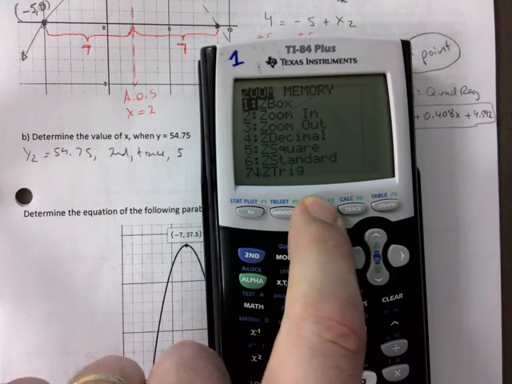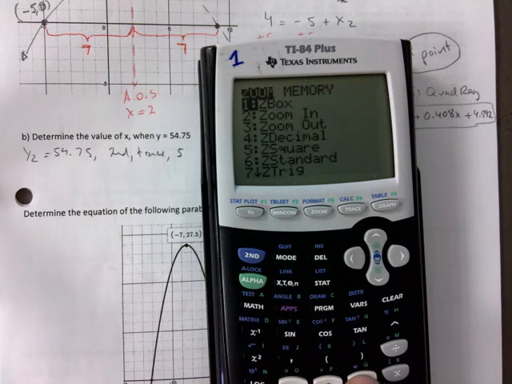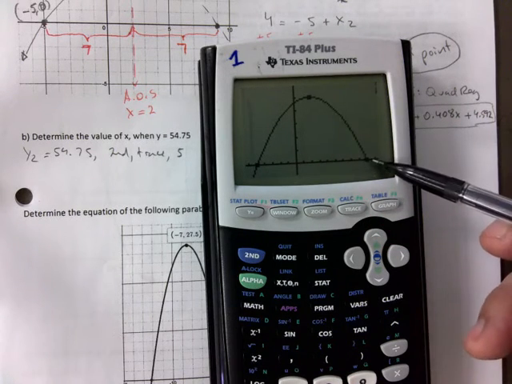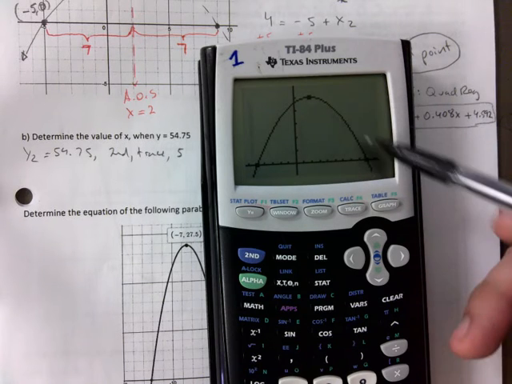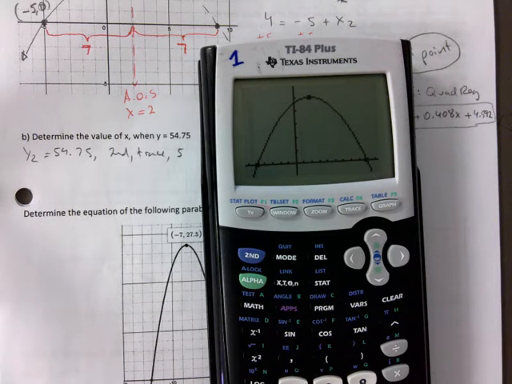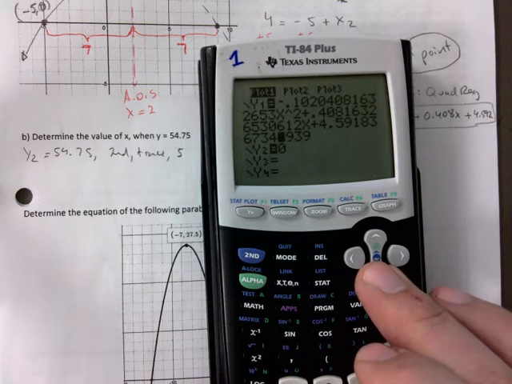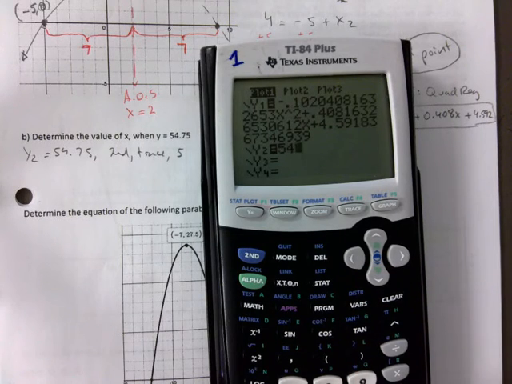So I'm going to go zoom 9 because that's ZoomStat. And you should be able to see the points you've entered into L1 and L2, right? In this case, no changes. I wouldn't change a whole lot. We'll see. Y2 is going to be 54.75.